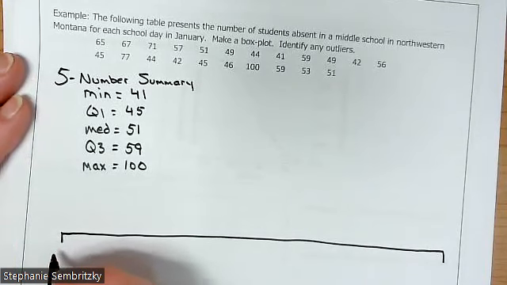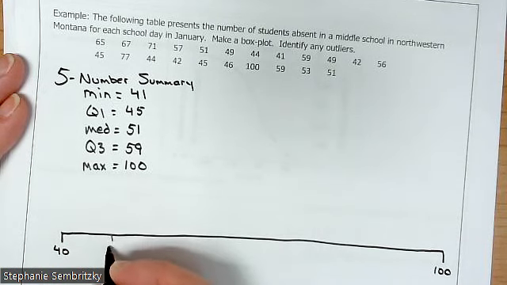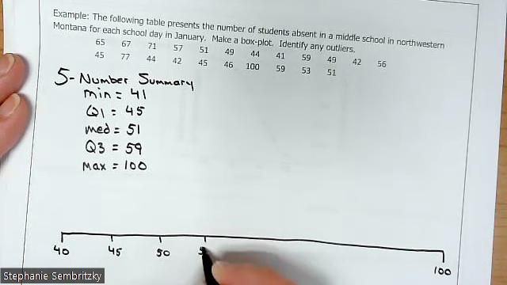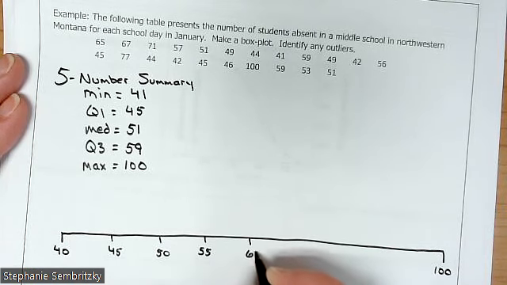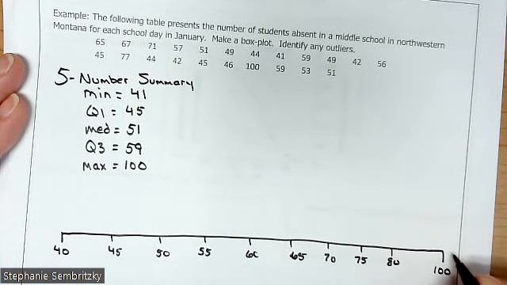So I'm going to kind of, let's see, 40 to 100. I don't know, 45, 50, 55, 60. Does that work? 65, 70, 75, 80. Maybe it would have worked if I had thought about it ahead of time. 85.